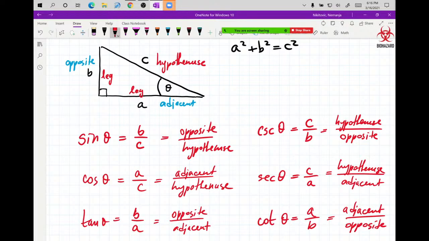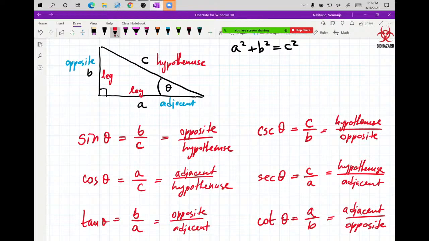There you go. Cool. So those are the 6 trigonometric functions defined as the ratios of sides.